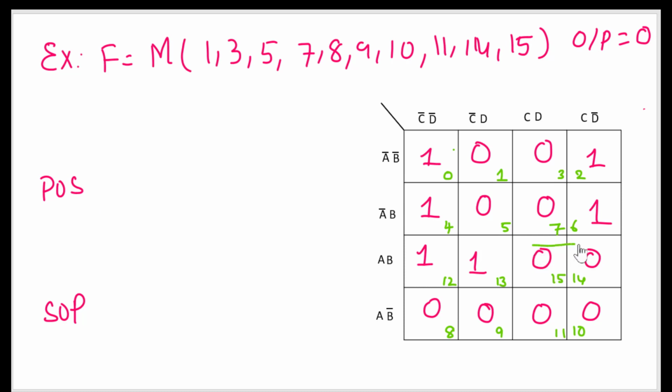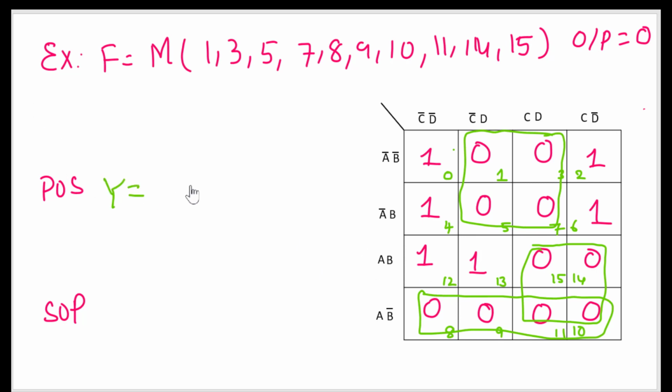by taking these 4 zeros, and one more quad by taking these 4 zeros, and one more quad by taking these 4 zeros. That means you are going to have a total of three quads. All others are ones, so you don't have to worry. So let's take the expression for the POS form. If we take this one, this will be A plus D bar, so this entire quad gives you A plus D bar.